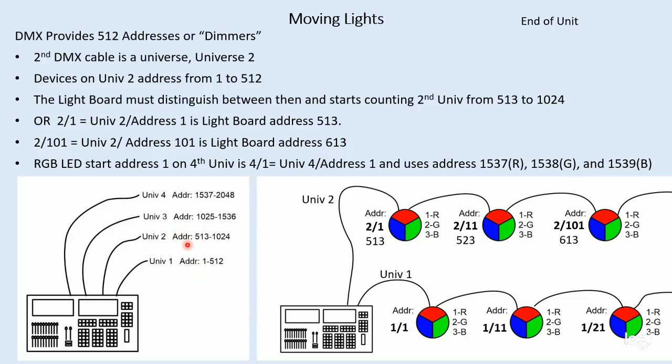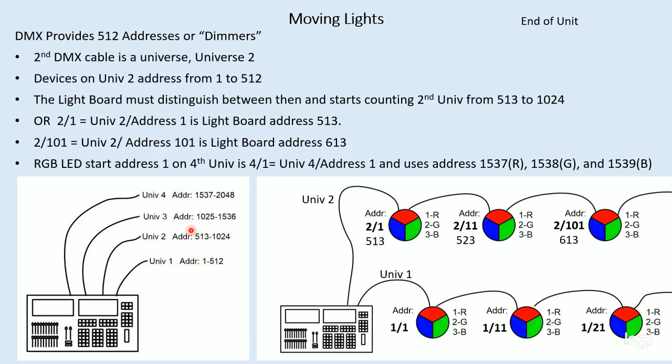But now I've added a second universe, and the way that the second universe is separated at the light board is the light board counts the second universe as address 513 through 1024, the next group of 512.